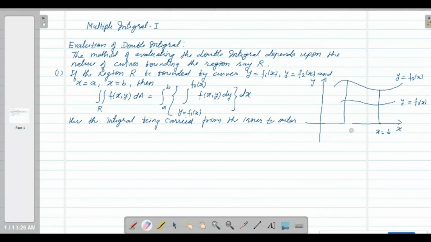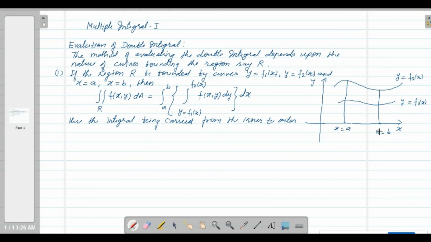We will evaluate the area bounded by these curves, this area or region.